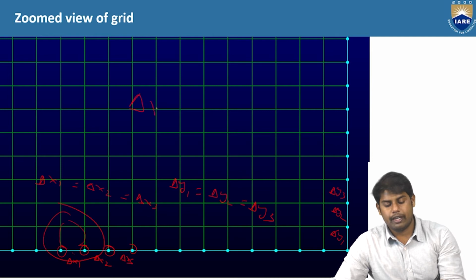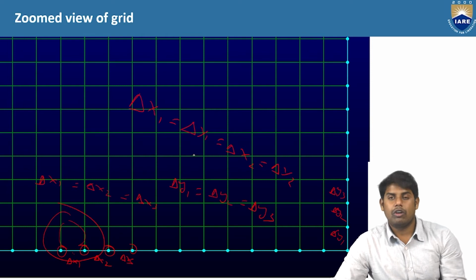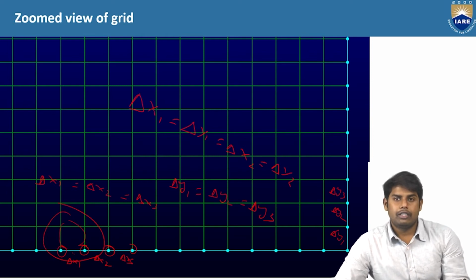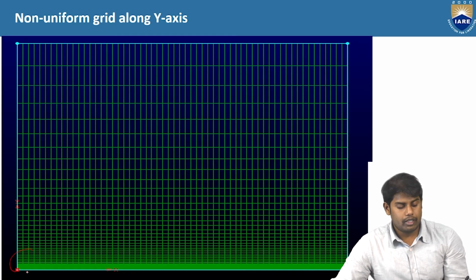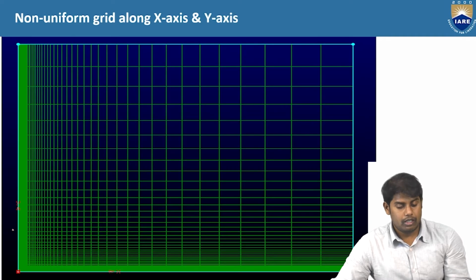If delta x1 is equal to delta y1 is equal to delta x2 is equal to delta y2, and so on, if you have this condition, then this is called uniform mesh or uniform grid along both x and y axis. So this is what has been discussed. Here this is the non-uniform mesh along x axis, here you can see the non-uniform mesh along y axis, and this is the non-uniform mesh along both x and y axis.